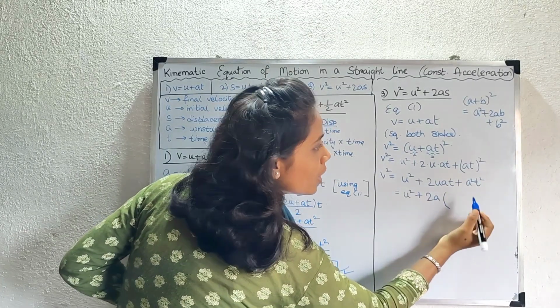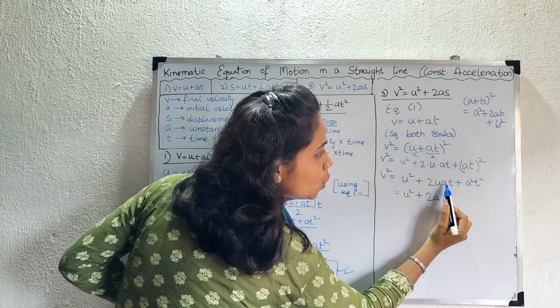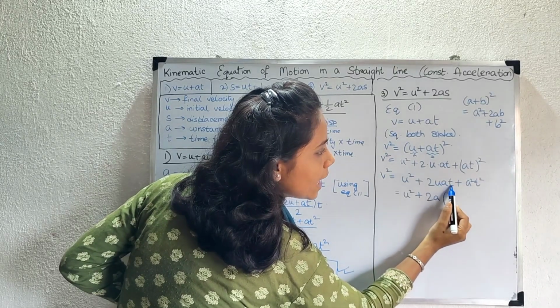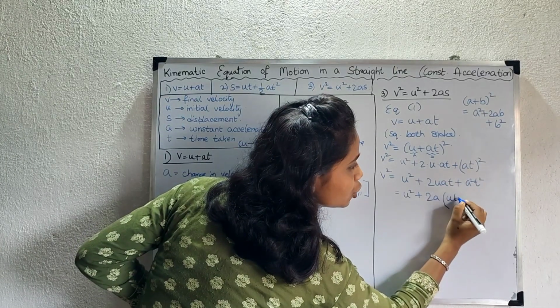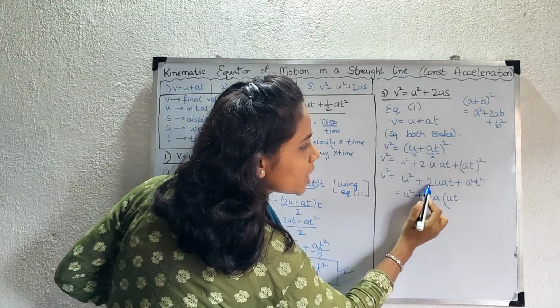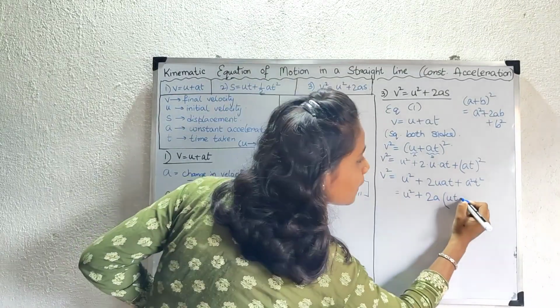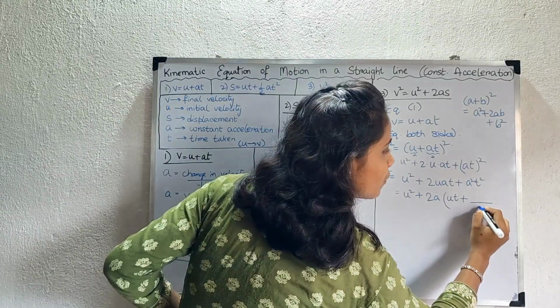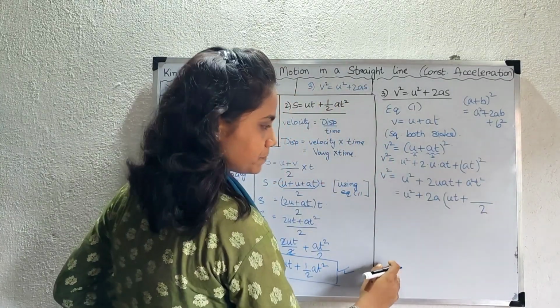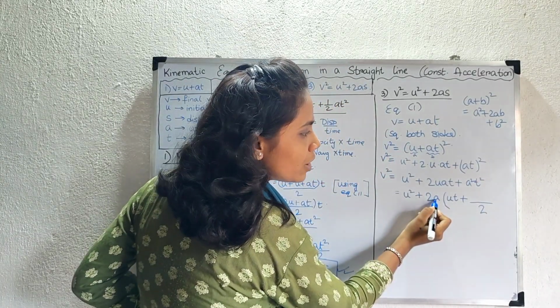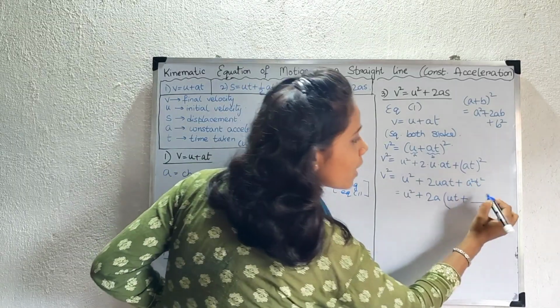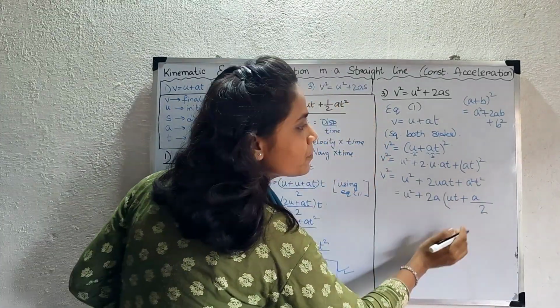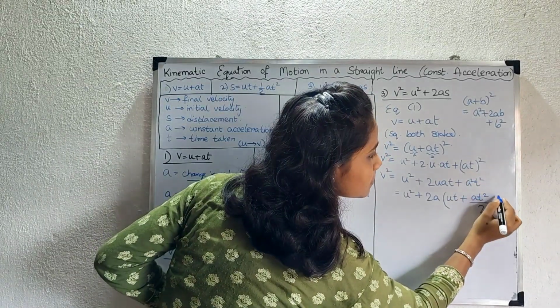So I have taken 2 and a, so u and t is left. So ut is left after taking 2a common. So ut plus, there is no 2, so we have to give 1 by 2 in the denominator. 1a is already taken; there is a square, so another a will be left, and t square.